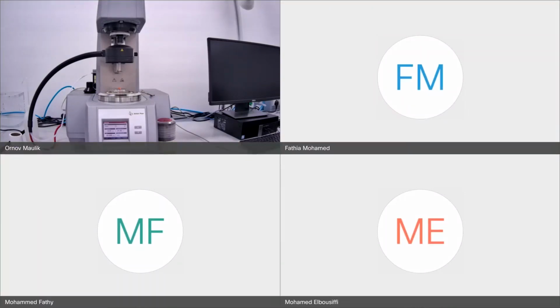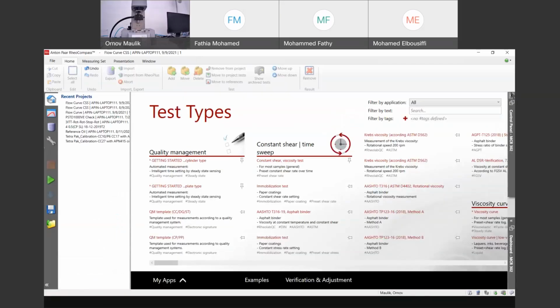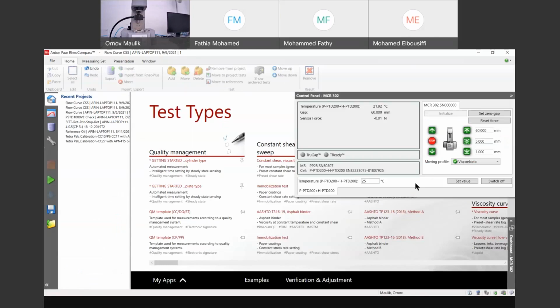I hope you all can see the software window now. I'll go to the navigation panel, the control panel, and we'll lower down the geometry. Here we will be keeping a gap of 1 mm. So I'll just lower it down.